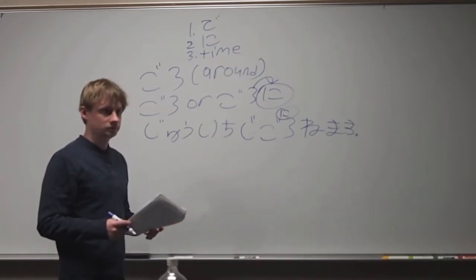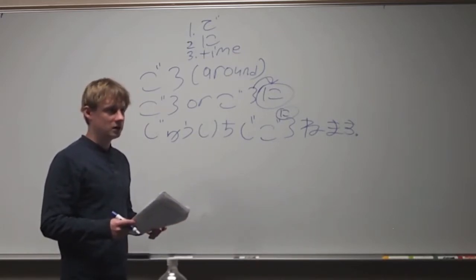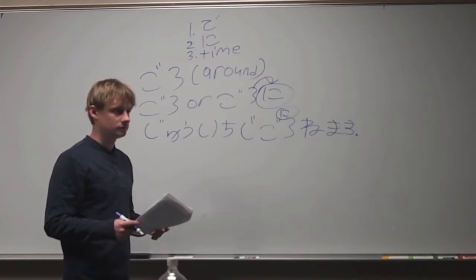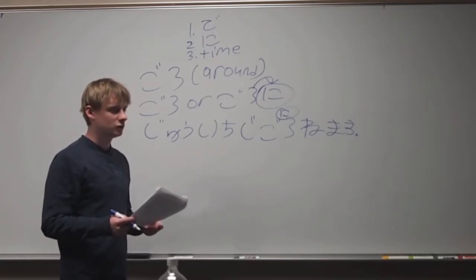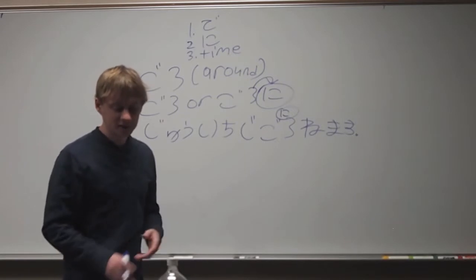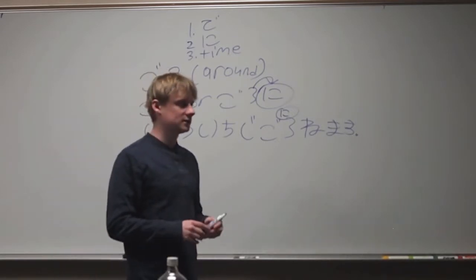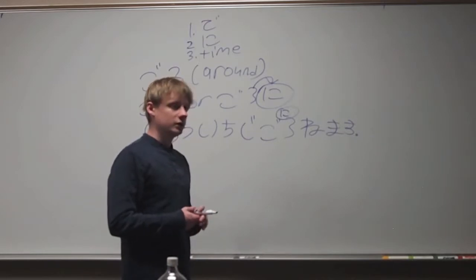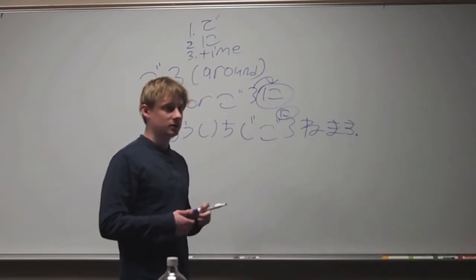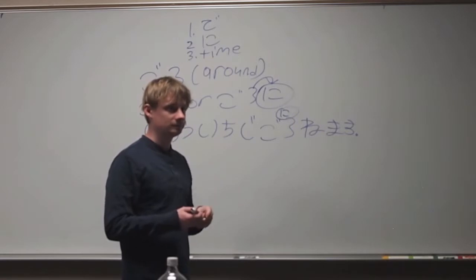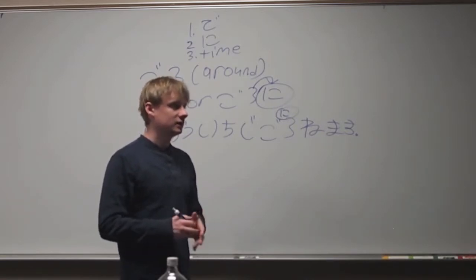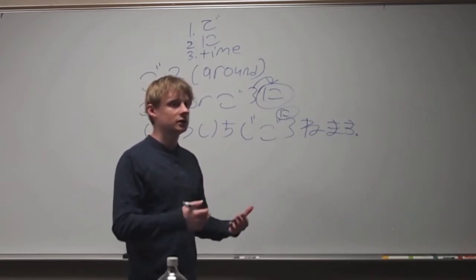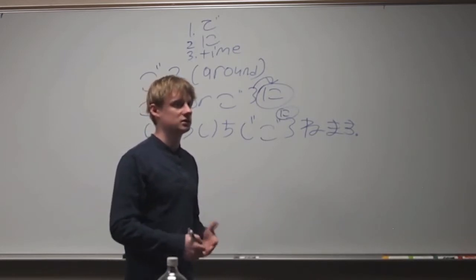What's the difference between goro and gurai? Gurai, I think, is more referring to how much something is. Goro is around, referring to time. Gurai is like how long it took, or how much it cost.